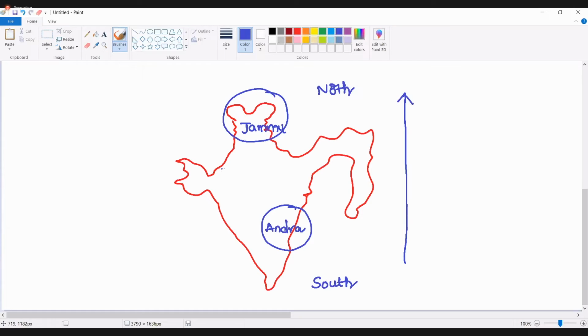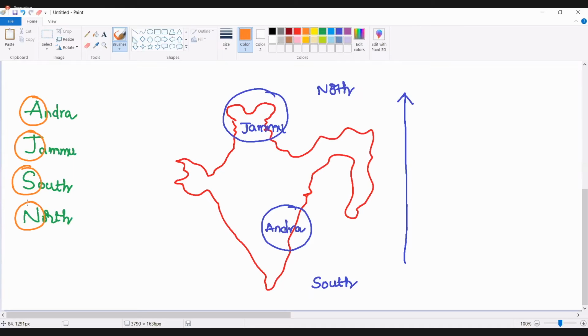I am writing this statement like this: to move from Andhra to Jammu, I have to take a direction as south to north. Just highlight the letters which are available here: A, J, S, N. What is this AJSN going to represent?